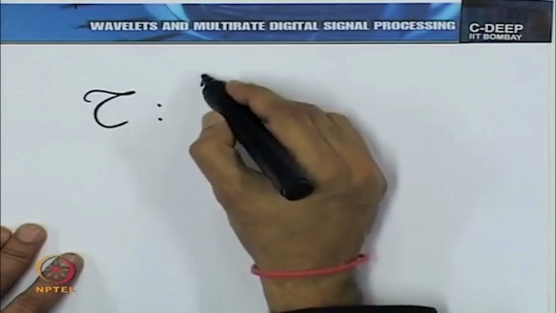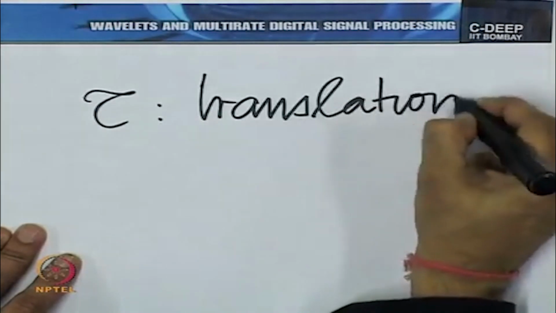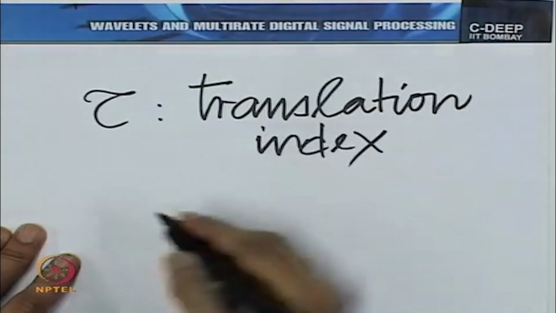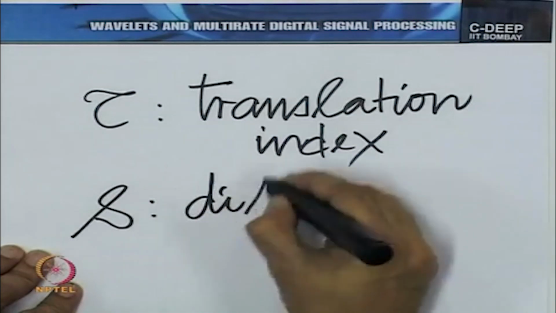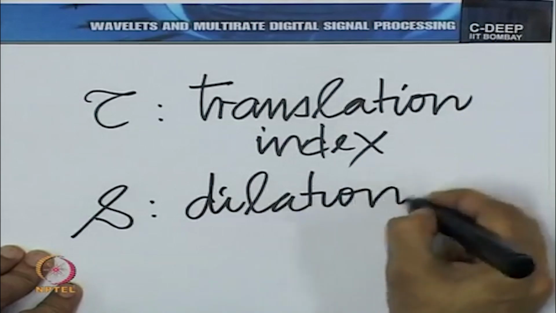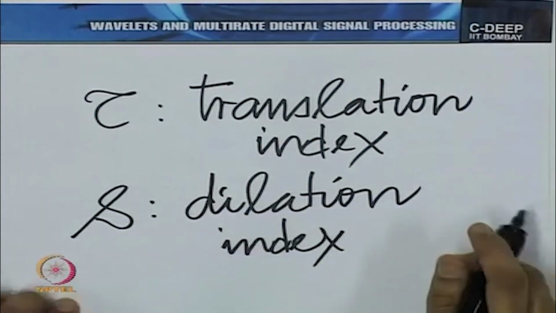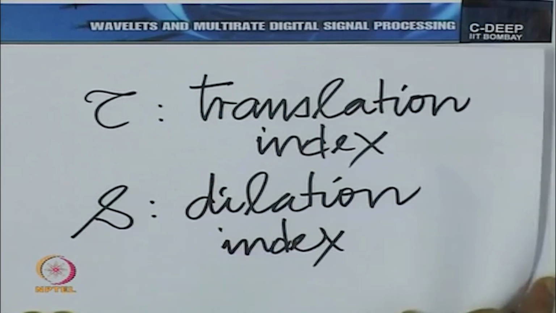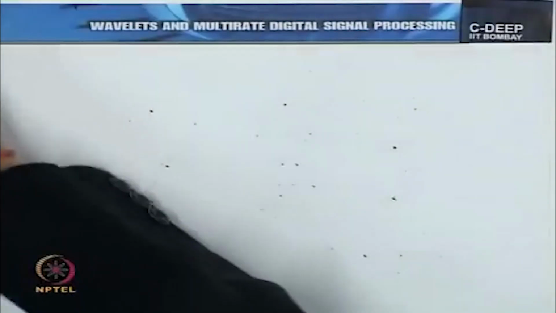Tau is called a translation index or translation variable, and s is called a dilation index or dilation variable. And we are constructing dilates and translates of a basic function.